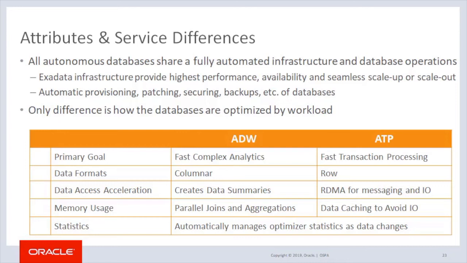If it's Autonomous Transaction Processing, then we store the data in row format, as that's the best format for single row lookups. In terms of data access, in Autonomous Data Warehouse, we use data summaries, like storage indexes on the Exadata storage cells, and the result cache to quickly access only the data needed to answer each query. On Autonomous Transaction Processing, indexes are used to access only the rows or records needed for each transaction.